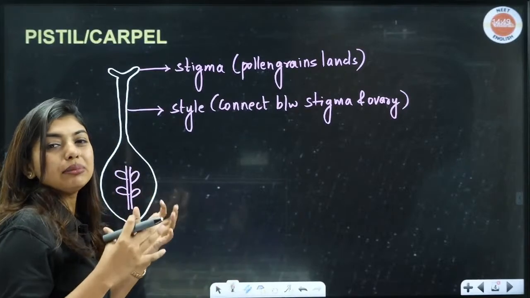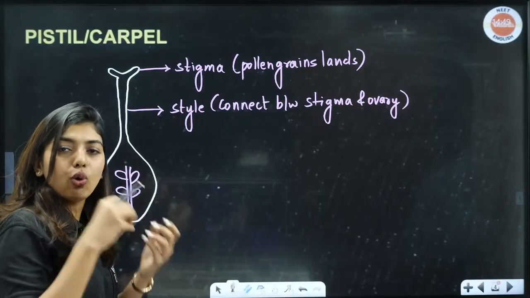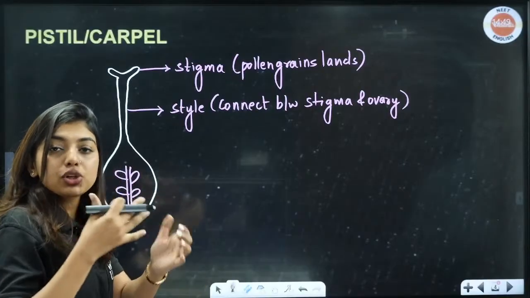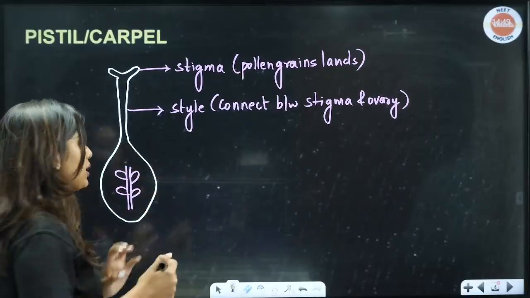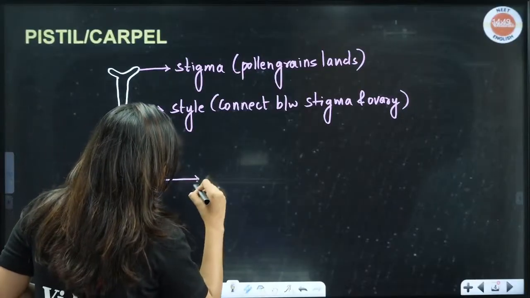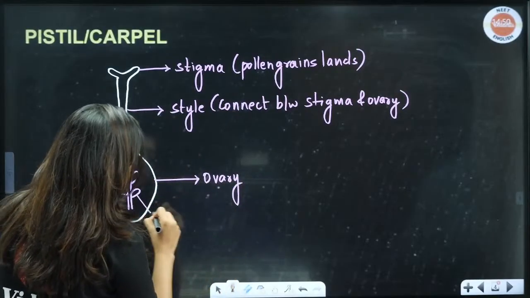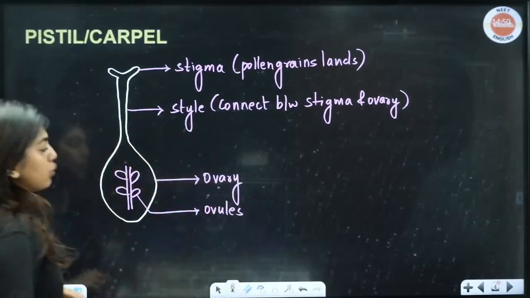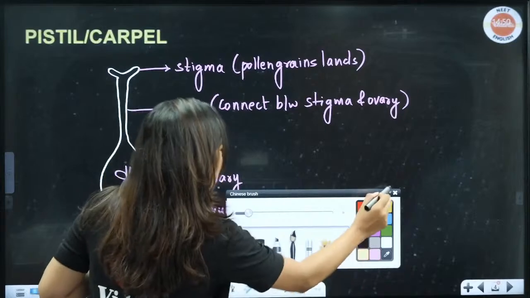It is the most essential part, because inside it there are ovules. Ovules will have your egg, which is your female gamete, which has to fertilize with the male gamete for the entire fertilization to happen. So this is your ovary, and these are your ovules. This entire thing, students, we can call a pistil or a carpel.